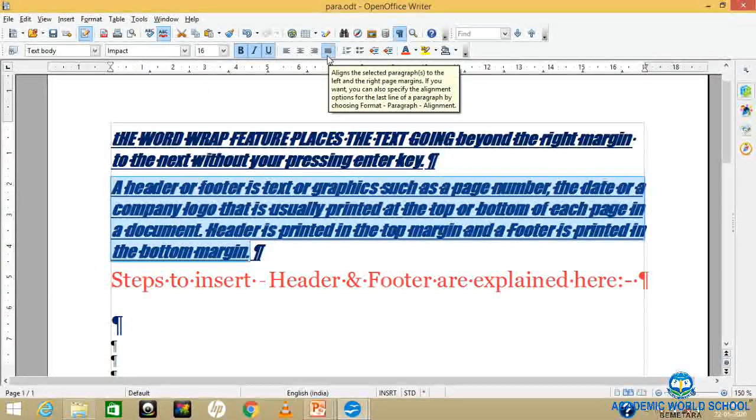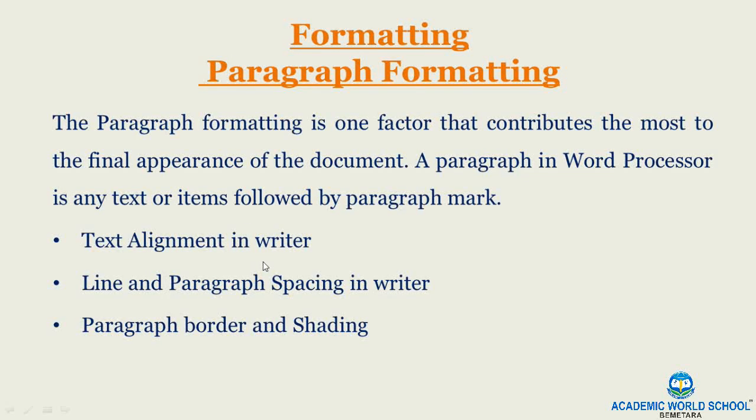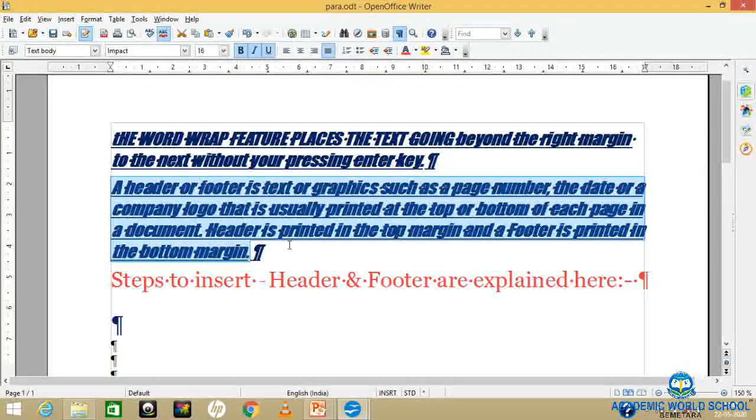You can see here this is your left side, this is your right side, and no space is given. It is maintained equally at the left margin as well as the right margin. But with left, you can see some space is maintained. If I select right, you can see space is maintained. But when I select justify, no space is there.